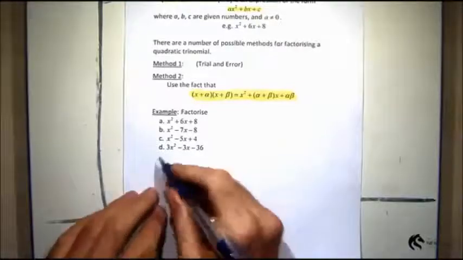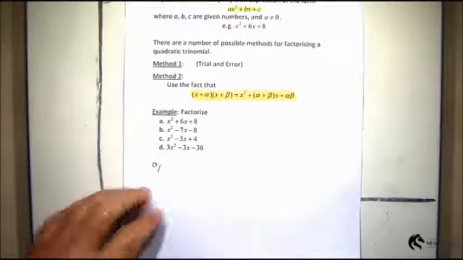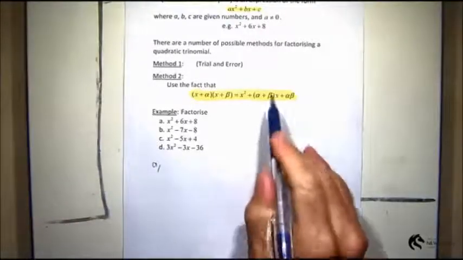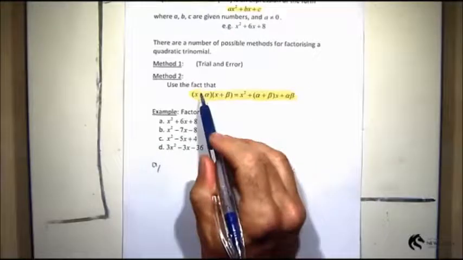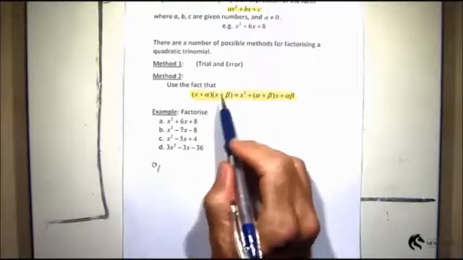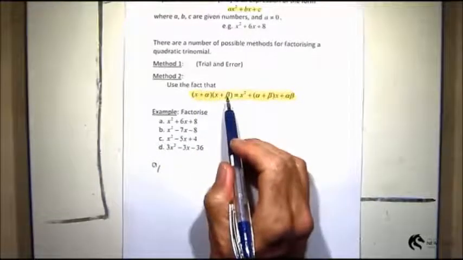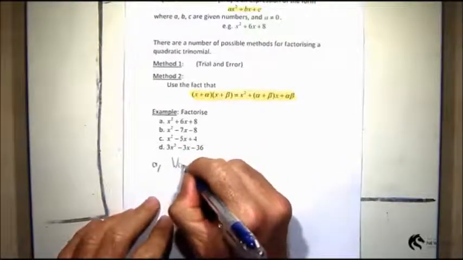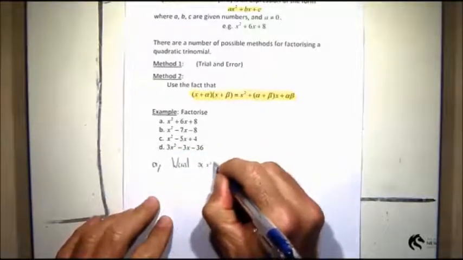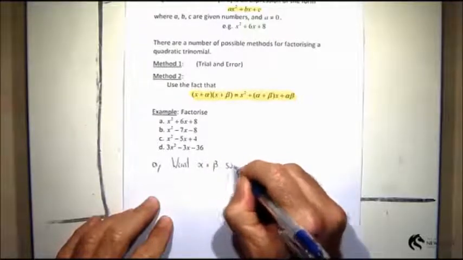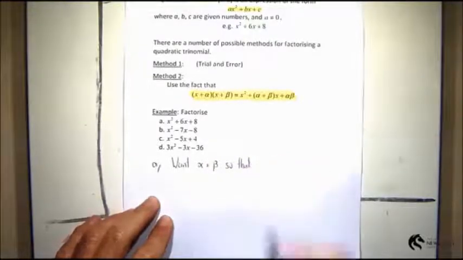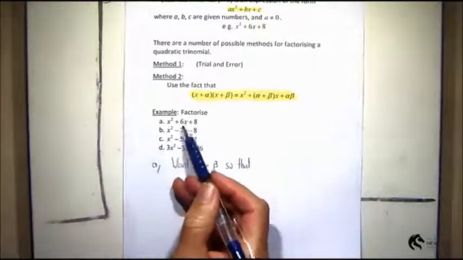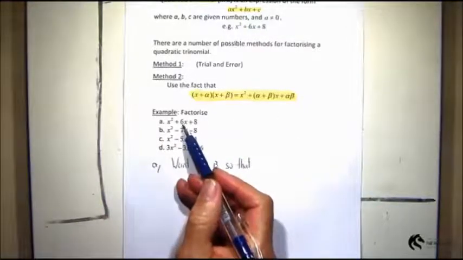So let's go here with part A. In this case, I want to write it like the left-hand side, so I want to find the right values for alpha and beta. Now sitting in this quadratic trinomial here, I've got the coefficient of x as 6.